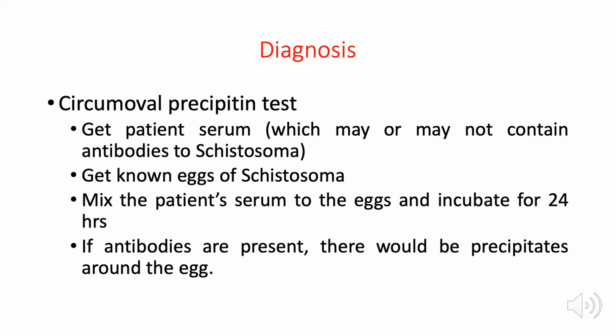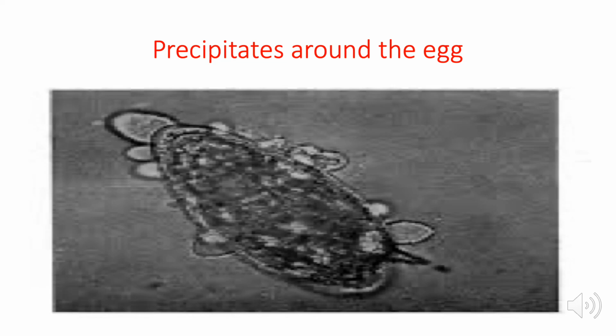The presence of these precipitates would tell us that the patient could be infected with Schistosoma. This is a Schistosoma mansoni ovum. Appreciate the precipitates formed on its surface, indicating that the serum we added to it has antibodies.